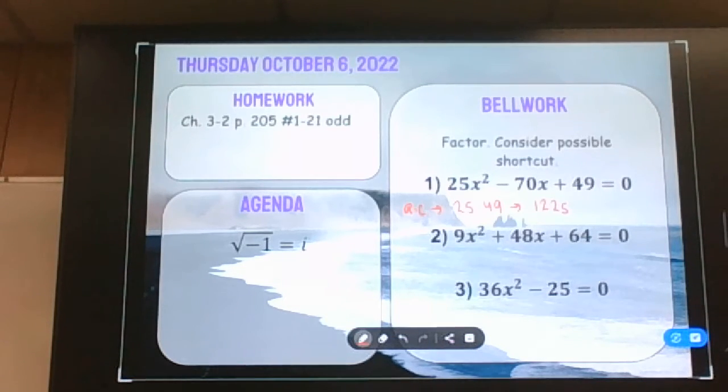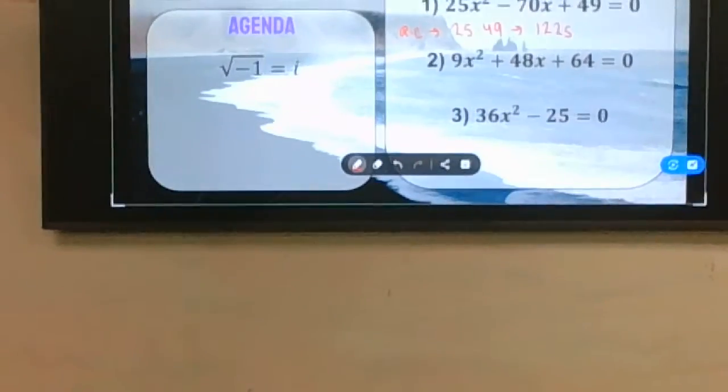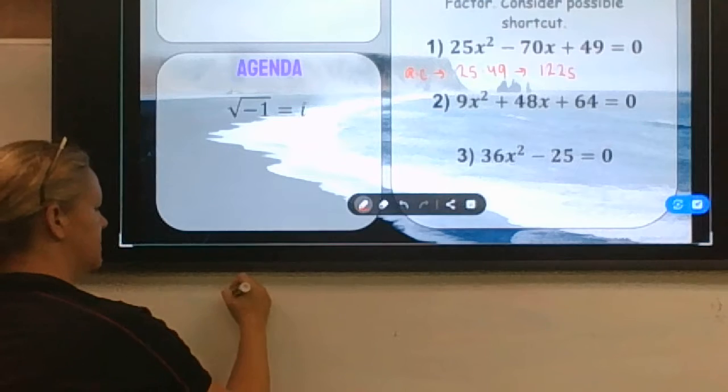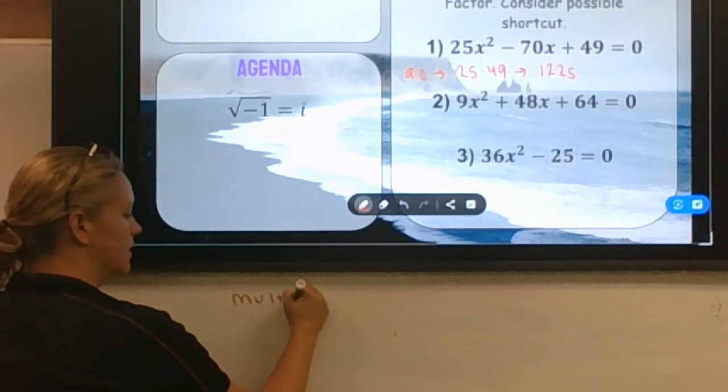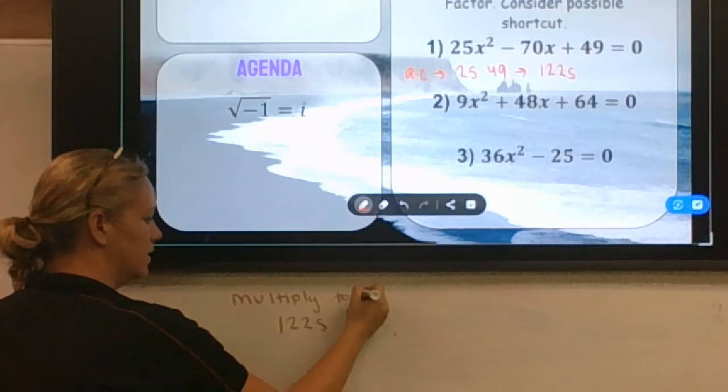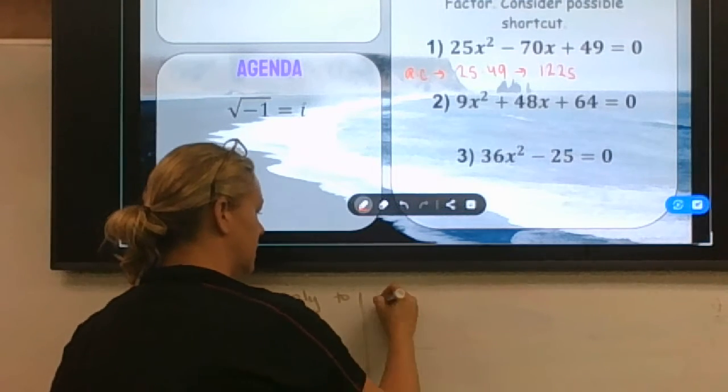So for our table, we have to find numbers that will multiply to 1,225 and add to negative 70. These are huge numbers.